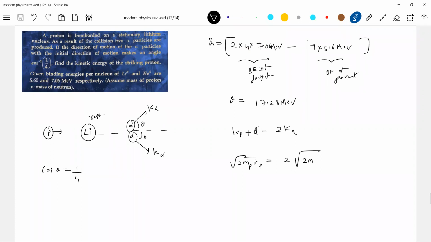Okay, then. This is 2 m alpha K alpha cos theta. Cos theta is given. So Kp, K alpha, 2 equations, 2 unknowns.